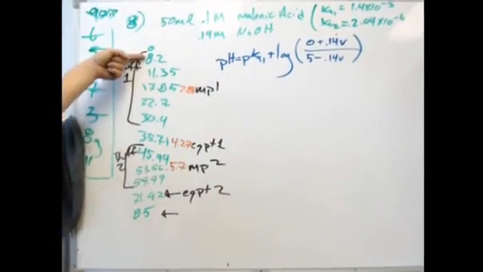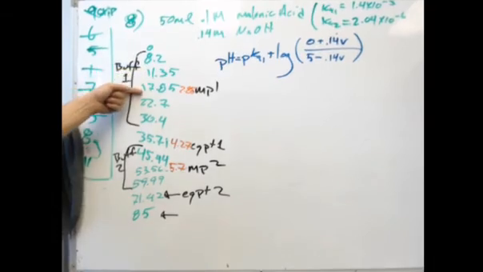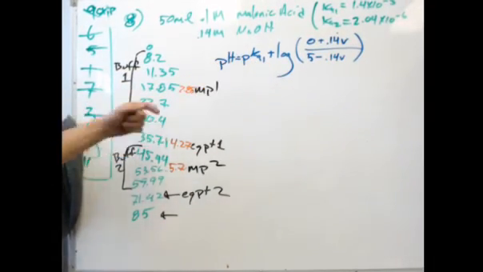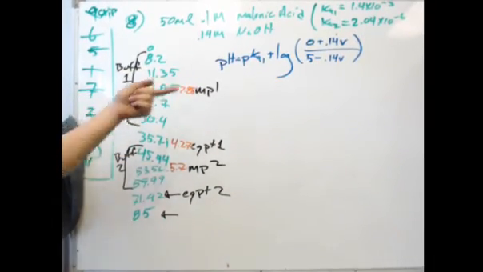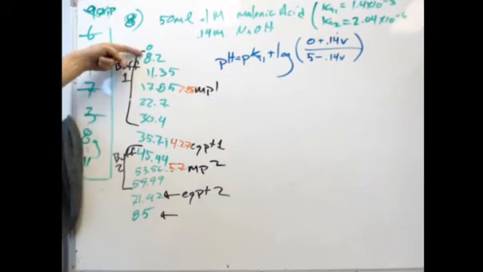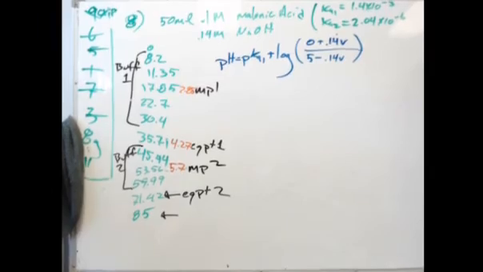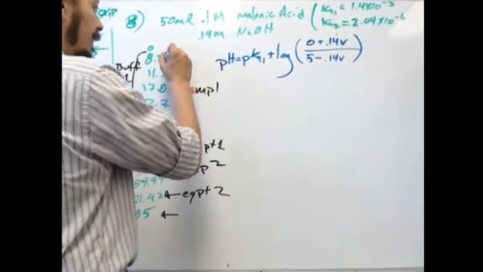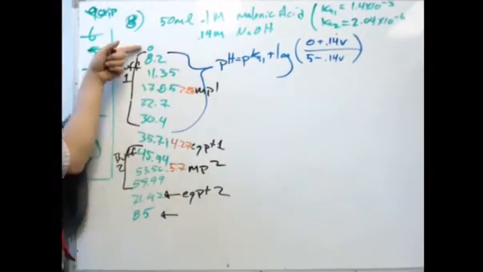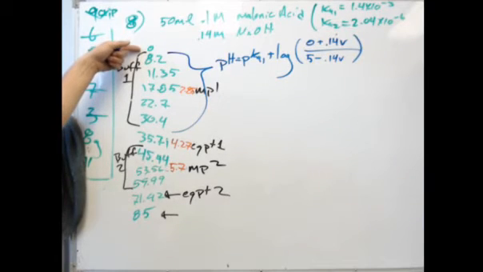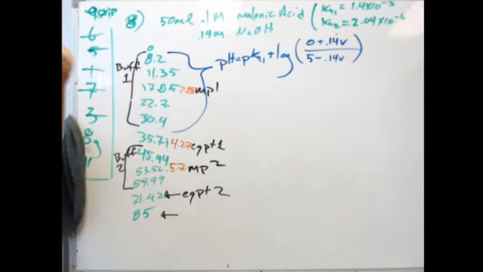I can now plug in 8.2 for my volume, 11.35, 17.85 again if I wanted, 22.7 and 30.4. All 5 of these can be done with that equation. You don't need me to do another initial pH calculation. We've been doing that for 4 weeks. Ka equals x squared divided by initial, 0.1, solve. So that lets us do all of that.